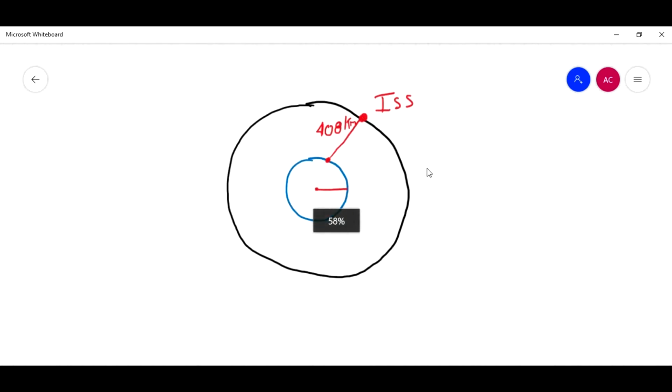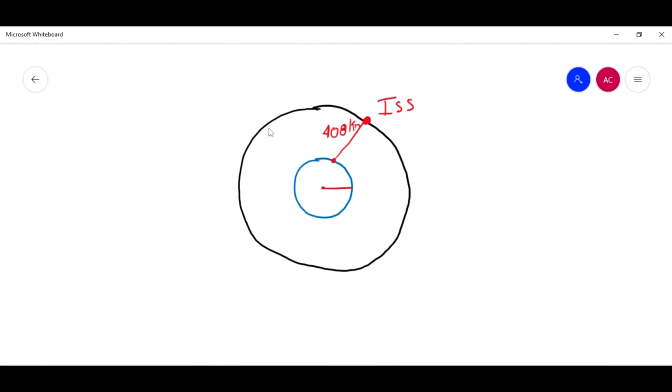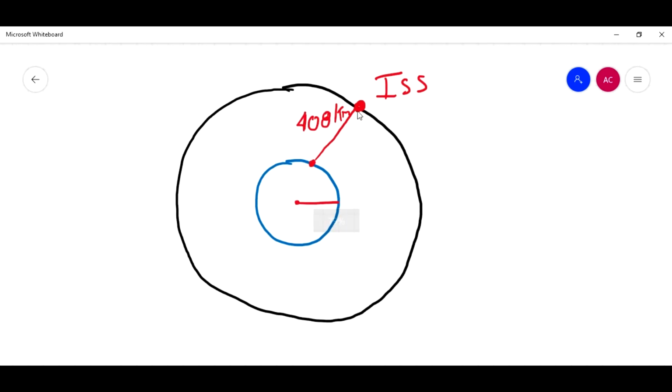But I need to consider the full circle, so I need to take into account also the radius of the Earth in order to do this problem properly. I guess I didn't do quite well, so I'm going to do this.